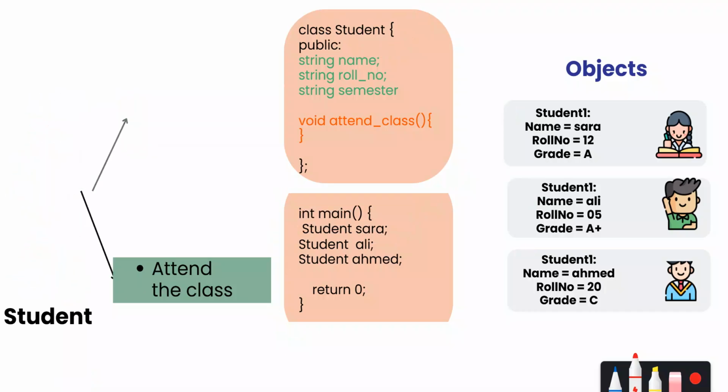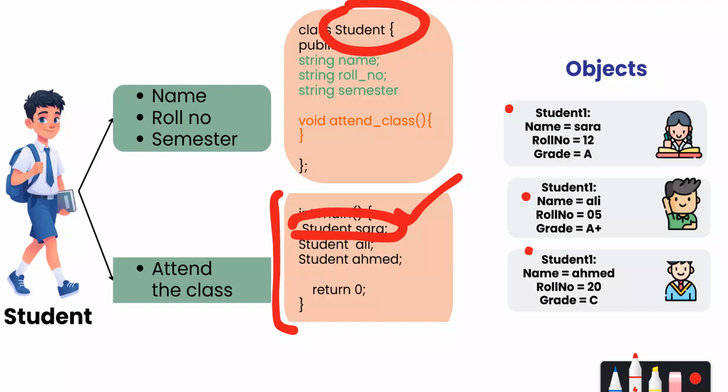In short, you can say that a class is actually a design, a blueprint, a container, or only instructions for how the object will look.